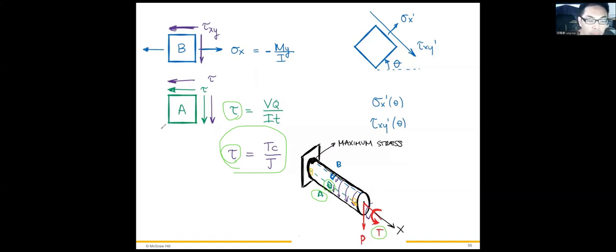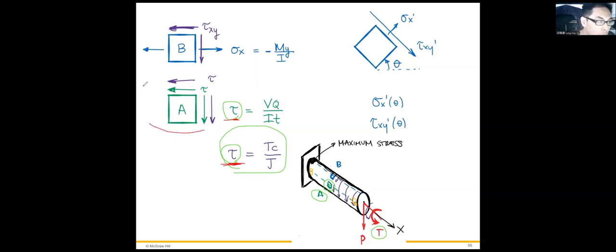Okay. So if we plot the plane stress, because we look at point A as a point, for sure it will be a plane stress situation. If we focus on point A, there are two types of shear stress applied to it. One is the shear stress from the torsion, and the second is the shear from the bending.